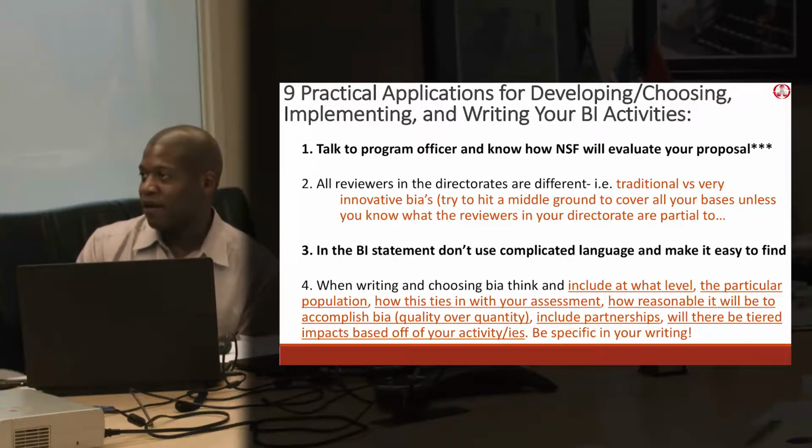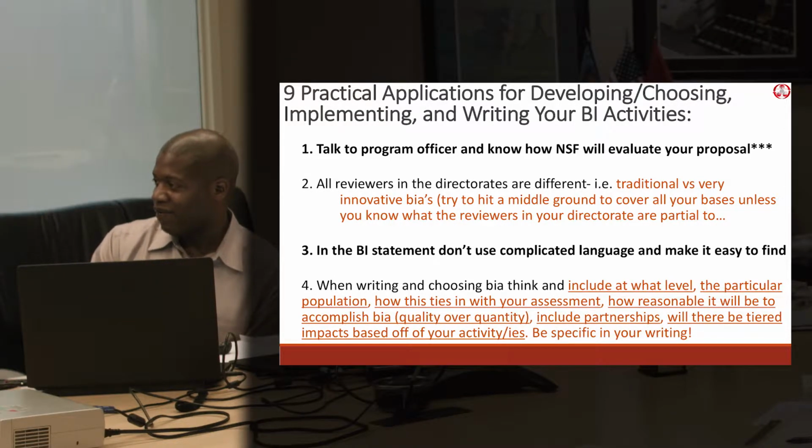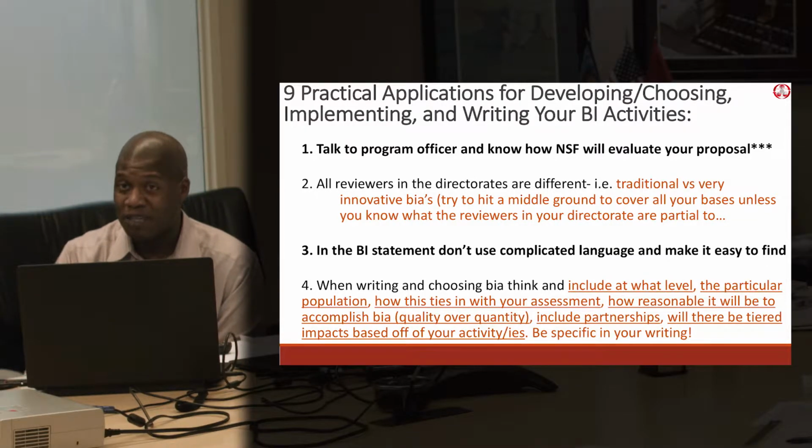Now, I'm going to say that you should probably only have 1 to 3 outcomes that you're wanting to achieve. And then under that, you may have 1 to 3 activities that you're going to do.